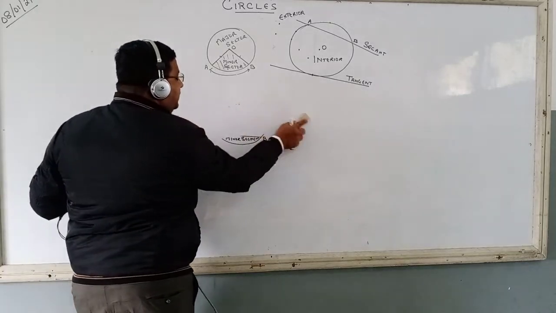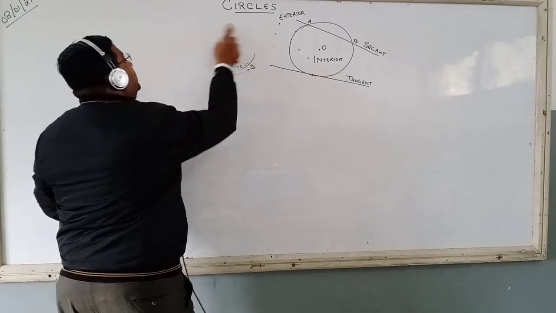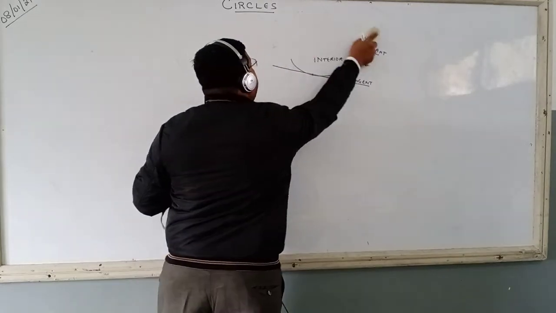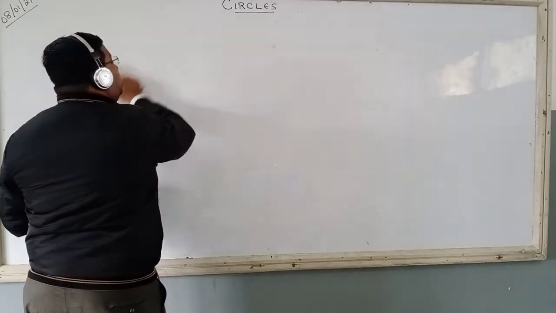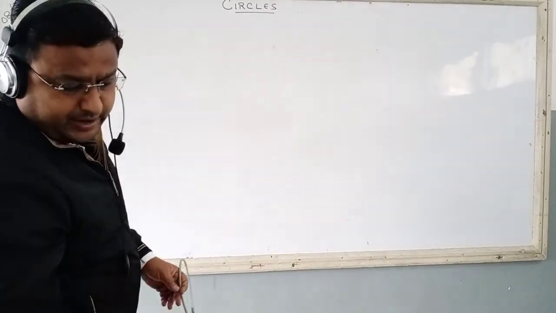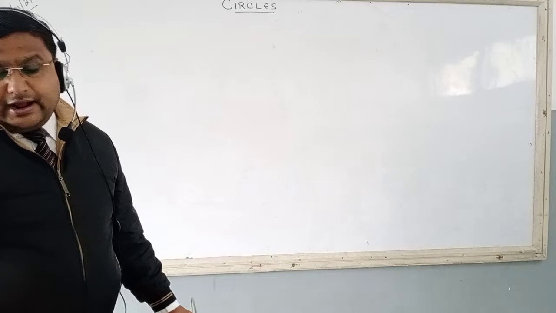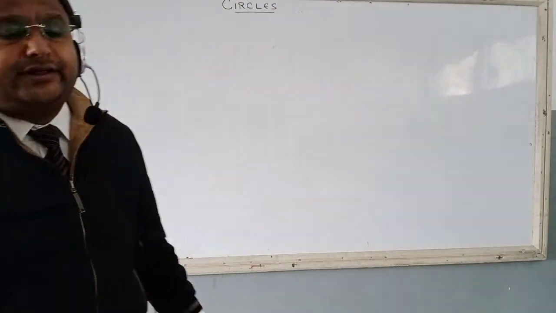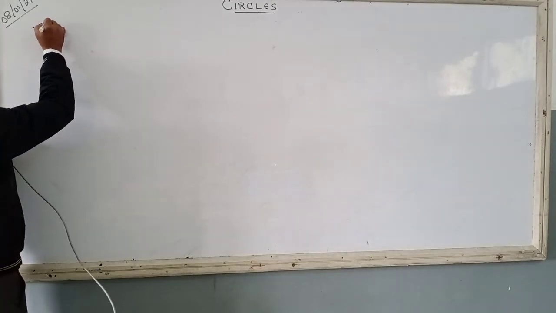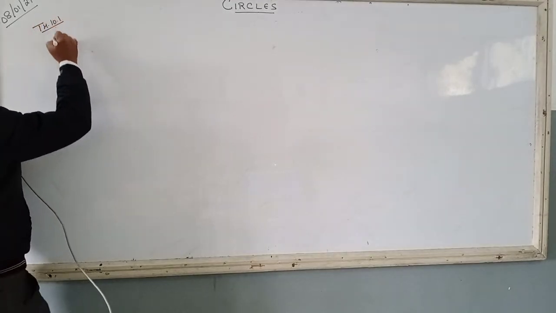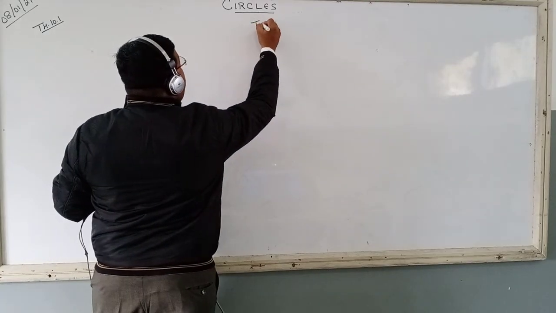There are around 13 to 14 theorems, of which we are going to prove most of the theorems that are part of your syllabus. Alright, and we will prove them parallelly. Parallelly means, now take a look at page number 172 and 173, theorem number 10.1 and 10.2, today's topic. Theorem number 10.1 and theorem number 10.2.